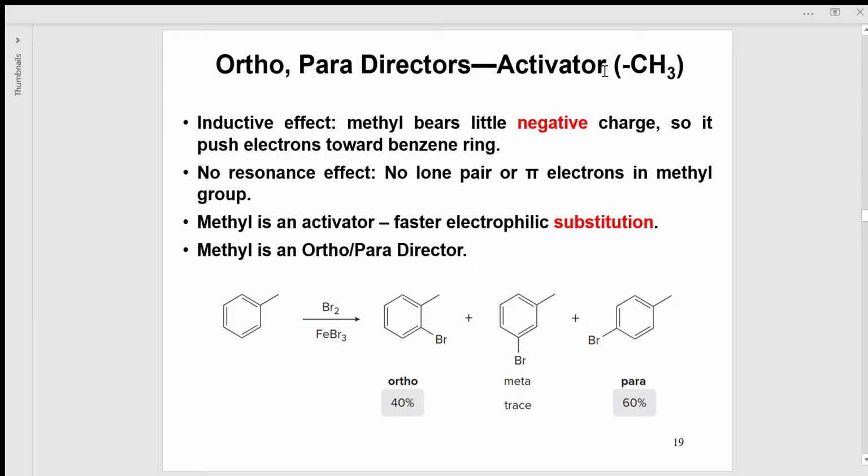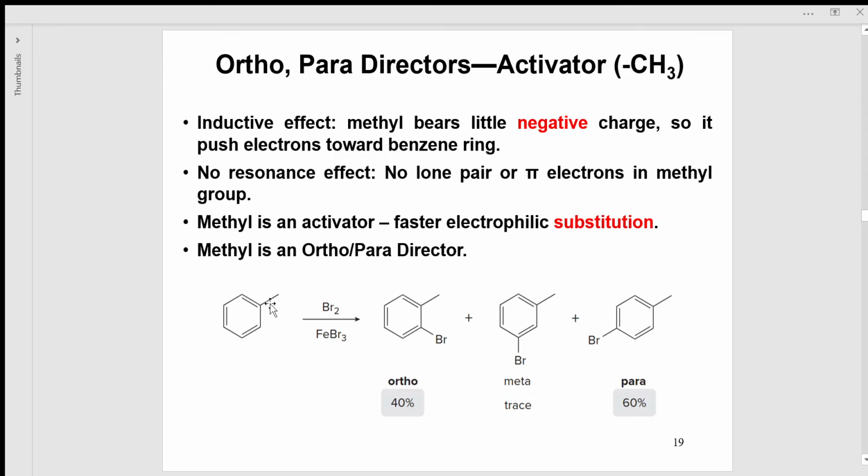Let's take a look at another group, the methyl group. Because this carbon is attached to three hydrogens, it bears some negative charge. It is going to push electrons toward the benzene ring, so it is electron donating. So we can say this methyl group is an activator, which means the electron density in this benzene ring is higher than pure benzene.